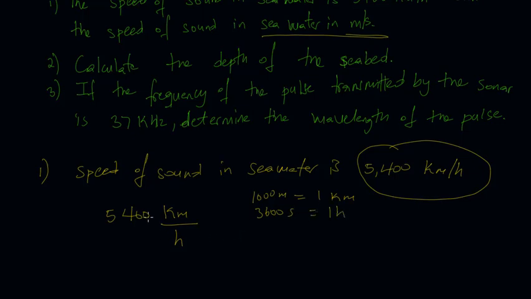So let me move this down a little. So it's 5,400 kilometers per hour. Now my objective is to get rid of, as I said, kilometers, express the value in meters, get rid of hours and express the value in seconds.